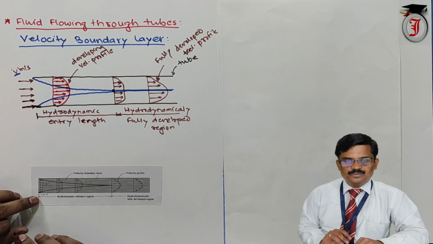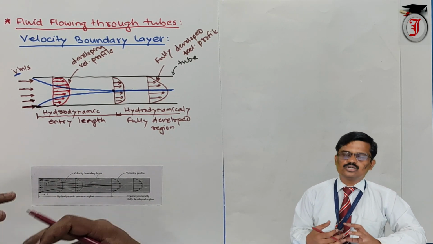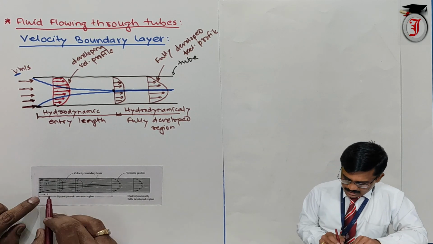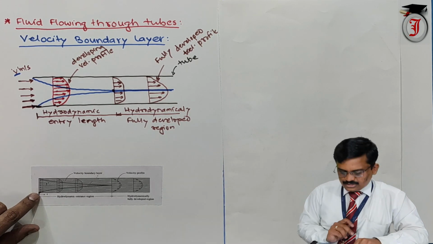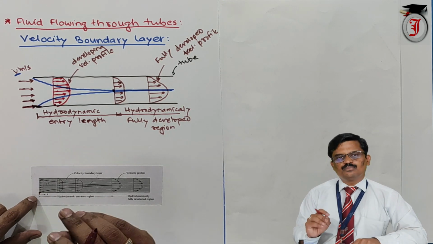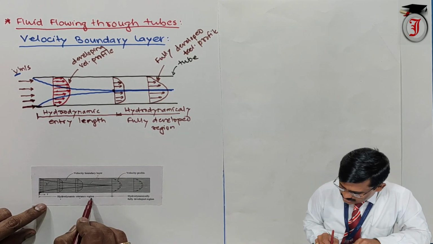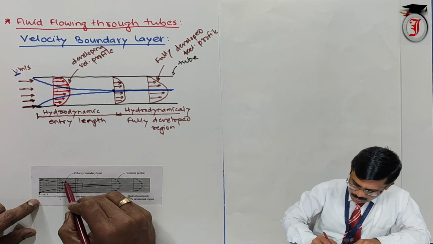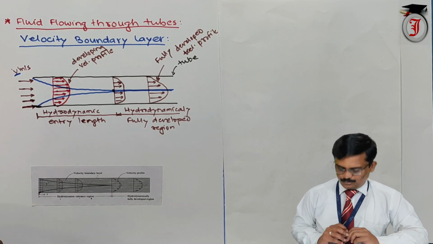The region where this friction effect is more dominant is called the velocity boundary layer region, and the region from the leading edge of a pipe up to where the velocity boundary layer reaches the center line is called the hydrodynamic entrance region, and this length is called the hydrodynamic entry length, where the velocity profile is a developing velocity profile or the flow is developing flow.